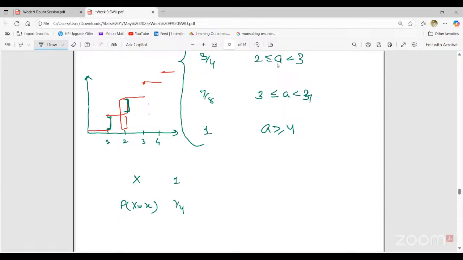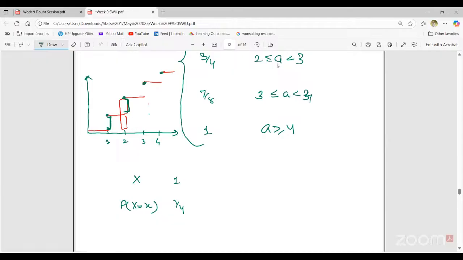The probability mass function is basically what we calculate, the probabilities of the respective values, correct? So we have to calculate the respective values at 1, 2, 3, and 4. Fine. Now, at 1, what is my PMF? PMF would be this distance. So what is this distance? Anyone? 1 by 4?